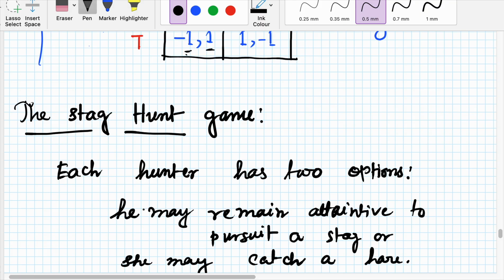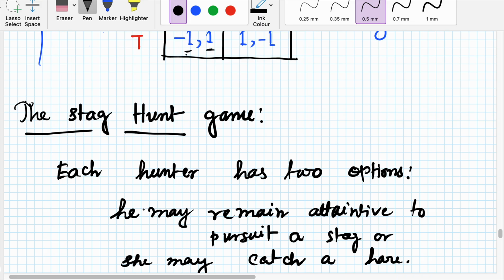Another game we studied in the previous class is the stag hunt game. As the name suggests, it captures the strategic interaction when a group of hunters wants to hunt either a bigger animal, a stag, that requires larger coordination, so everybody in the group needs to pay attention.